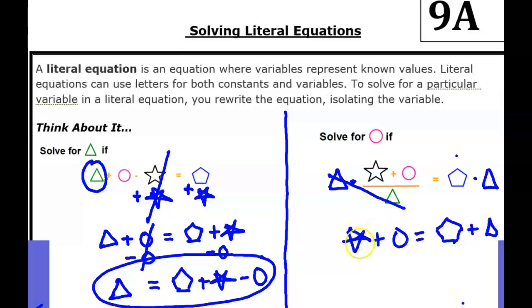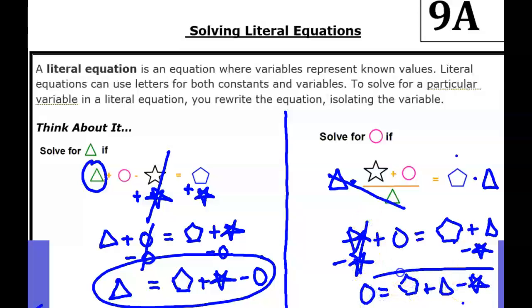So if we have a positive star, the opposite is a negative star, so we're going to take a minus star. And whatever we do to one side, we do to the other. Okay, so we're left with the circle is equal to the pentagon times the triangle minus the star. Okay, so I agree that's kind of weird working with shapes.